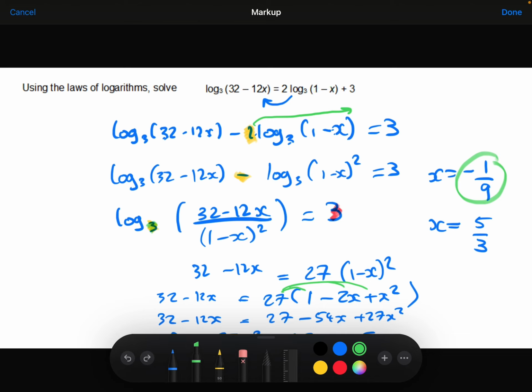So the minus 1 over 9 is fine. But the 5 over 3, if I substituted that in there, 1 minus 5 over 3 is a negative number. So therefore that cannot be an answer, and the minus 1/9 is the only answer for that equation.